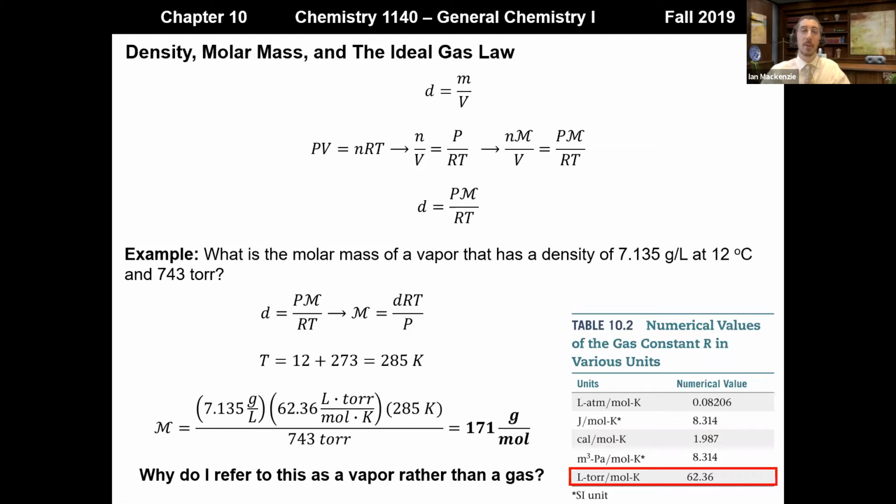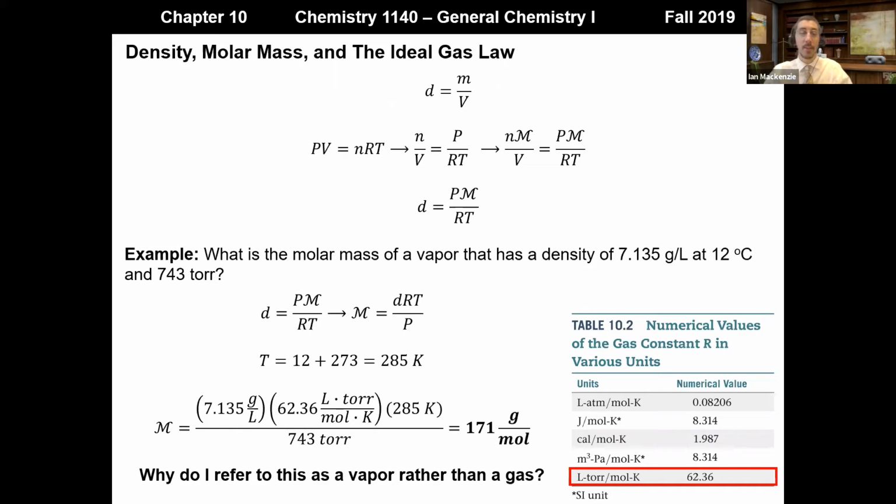And the last question here might be, why do I refer to this as being a vapor rather than a gas? Well, it is in the gas phase, but remember back to the very beginning here in chapter 10, where we mentioned that most molecular gases at room temperature have low molar masses, less than 100. If we talk about the gas phase of a material that's normally a liquid or a solid at room temperature, then we refer to it as a vapor.